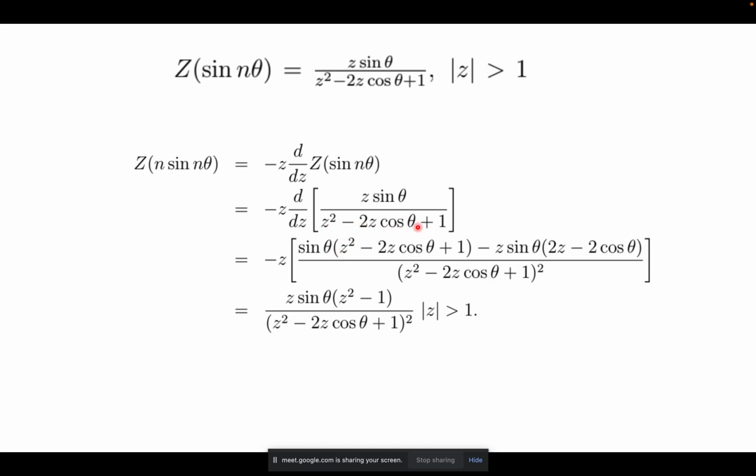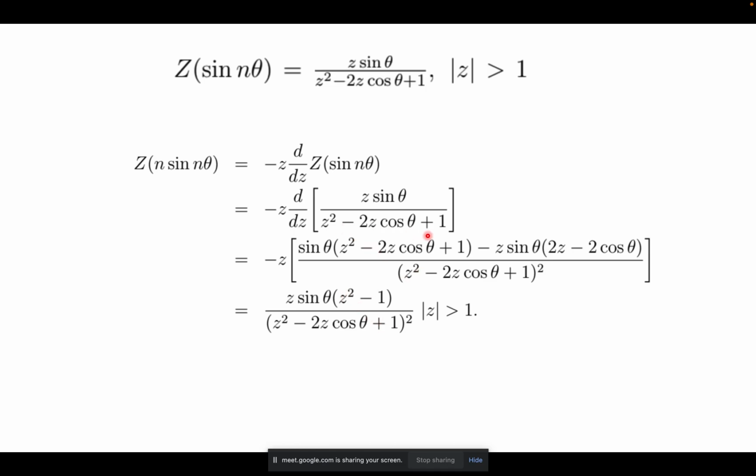First I am taking this function as it is, z² - 2z cos θ + 1, and then I am taking the derivative of z. dz over dz will be 1. Then minus z sin θ, where I am keeping this function as constant and taking the derivative of the denominator with respect to z, which will be 2z - 2 cos θ, and then you have the square of the denominator. This is what the quotient rule says.